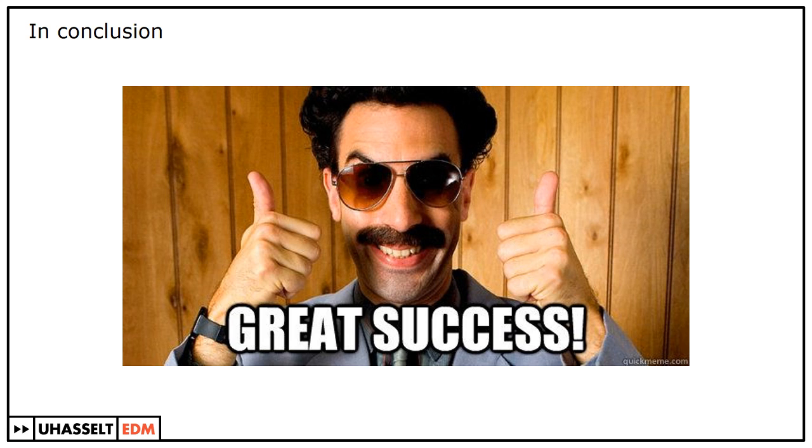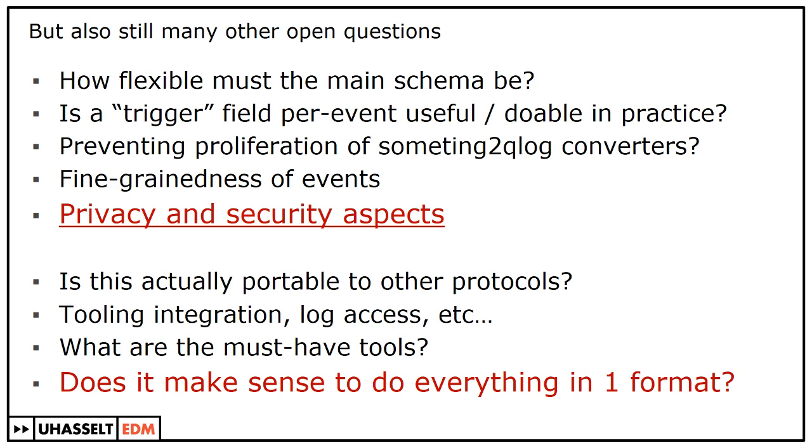However, there are also, next slide, a lot of open questions that remain. At the end of the last presentation in March, there was a lot of feedback that we need to look at privacy and security aspects. I'm sad to say that that is one of the main aspects that we haven't looked at all that deep yet. One, because I'm not an expert in this, and two, because we've had very little concrete feedback.